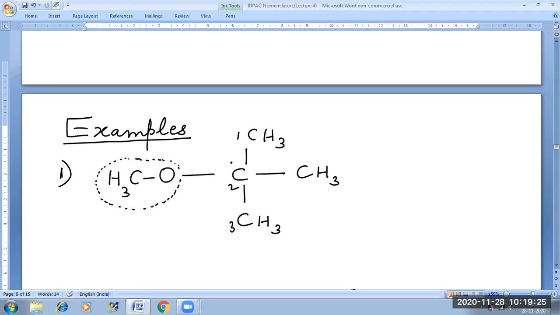So let's see now what we have to do. Having understood that there is no group taking the priority, it is easier for us to name this because we don't have to consider any priority series. If there is no group present which can get the priority, then what is the point of looking at priority series? For the first example here, we need not look at the priority series.